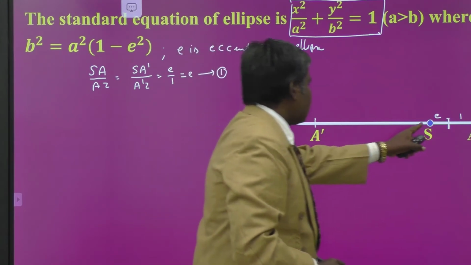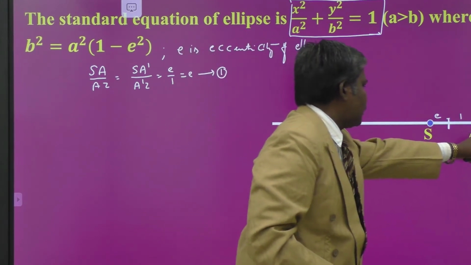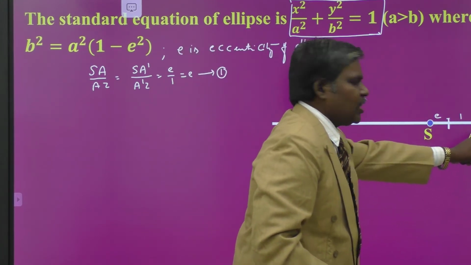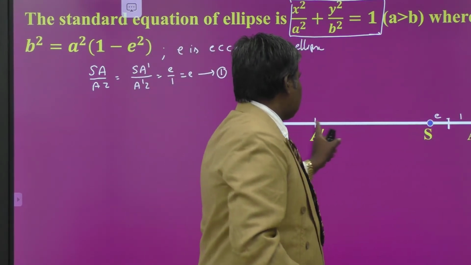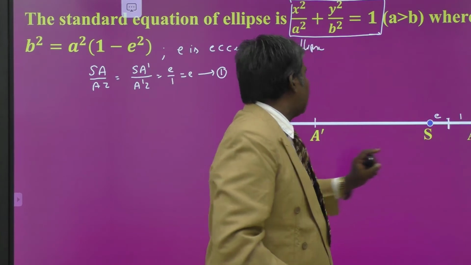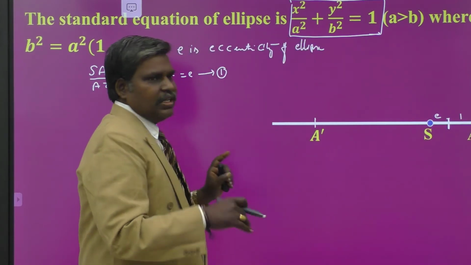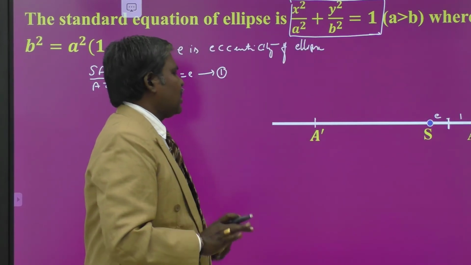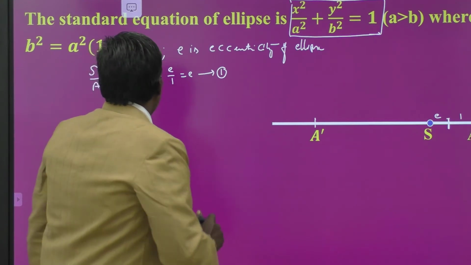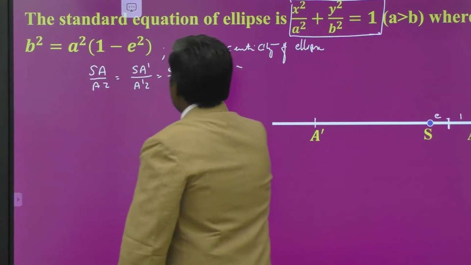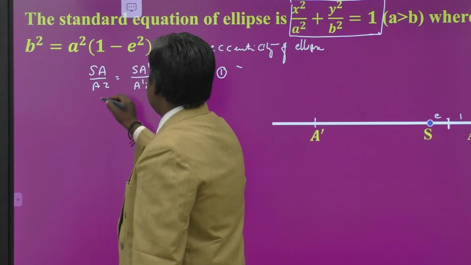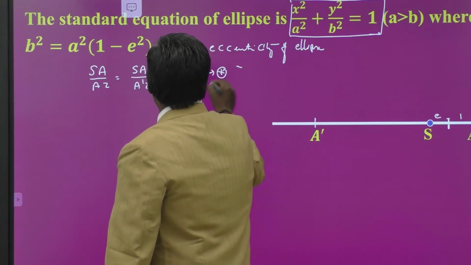That is SA by AZ and SA dash by A dash Z are both e. From that, we have SA is equal to e into AZ, and SA dash is equal to e into A dash Z.